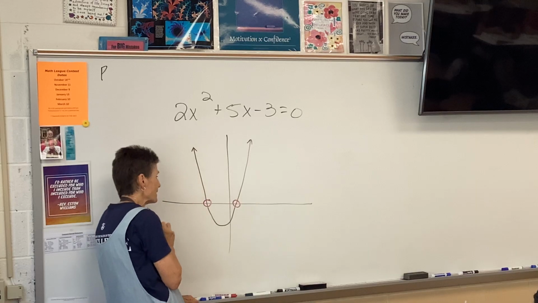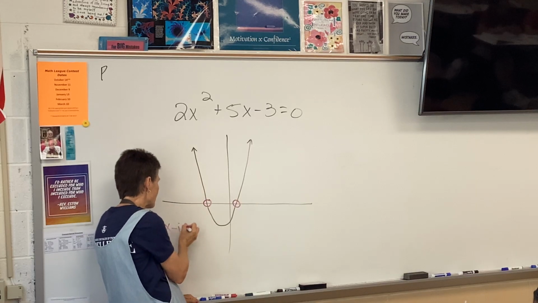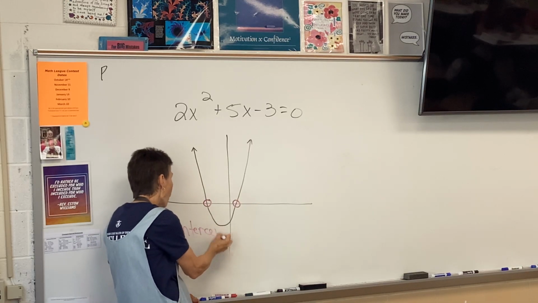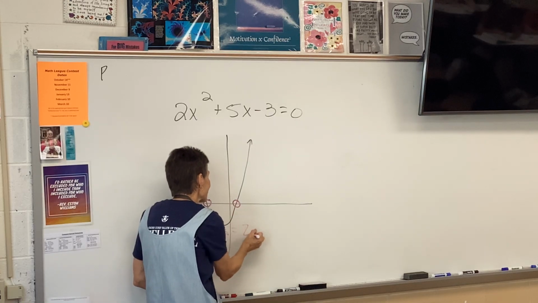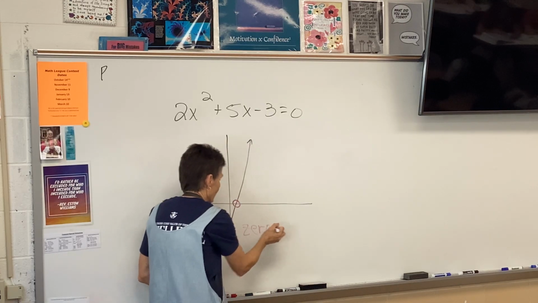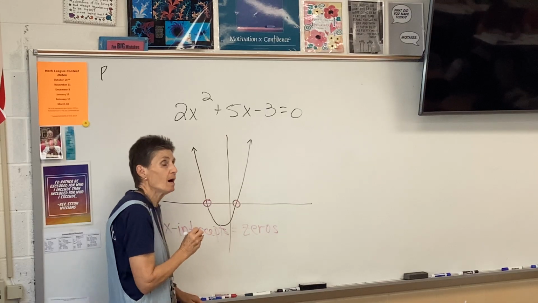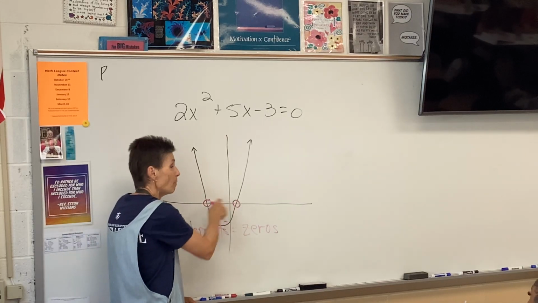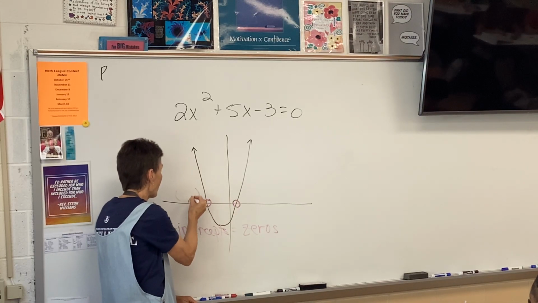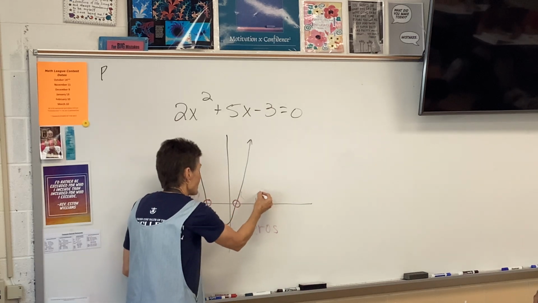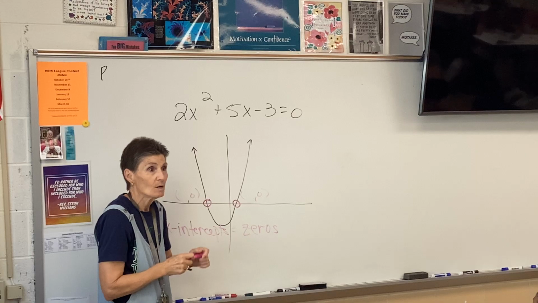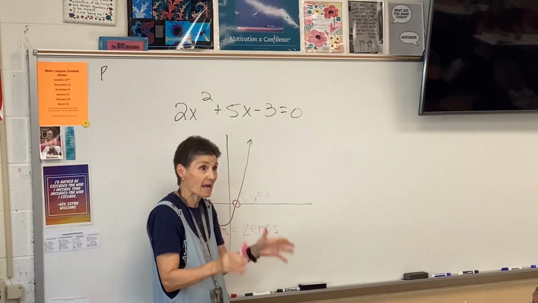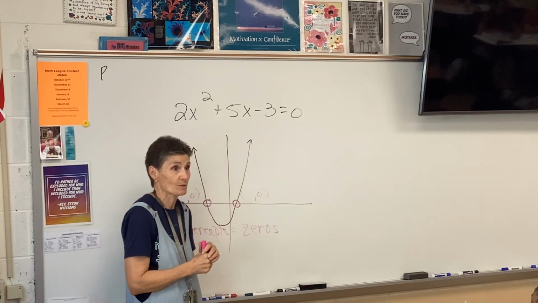These are called the x-intercepts, or, more commonly, the zeros. Because those are the points, I don't know what those points are, but would you agree there's something comma 0? That's why they're called zeros. Where we cross the x-axis, those are your answers.